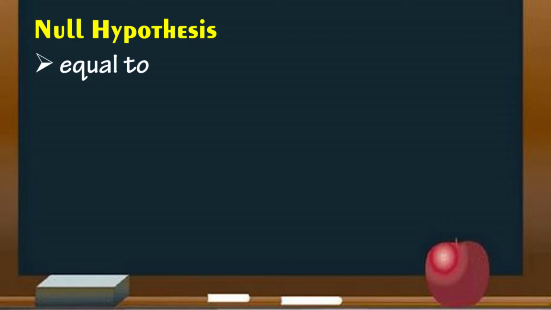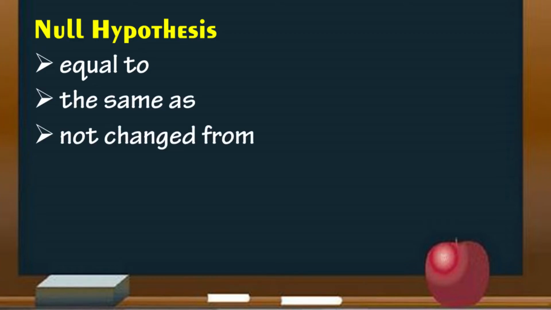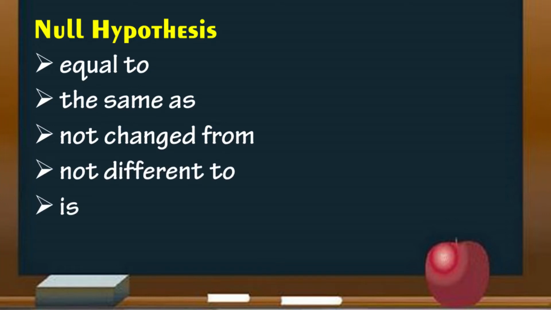In formulating the null and alternative hypothesis, it would be easier if we keep in mind some of the important keywords. For null hypothesis, these are the keywords: equal to, the same as, not change from, not different to, is.